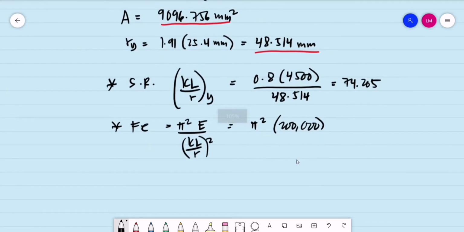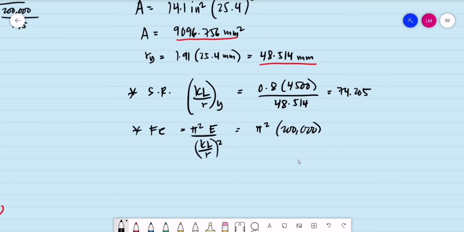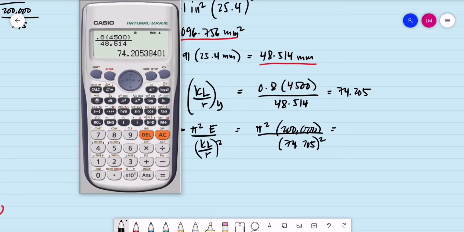So that is pi squared times 200,000 megapascals, then divided by 74.205 squared. So this is pi squared multiplied by 200,000, then divided by 74.205 squared.